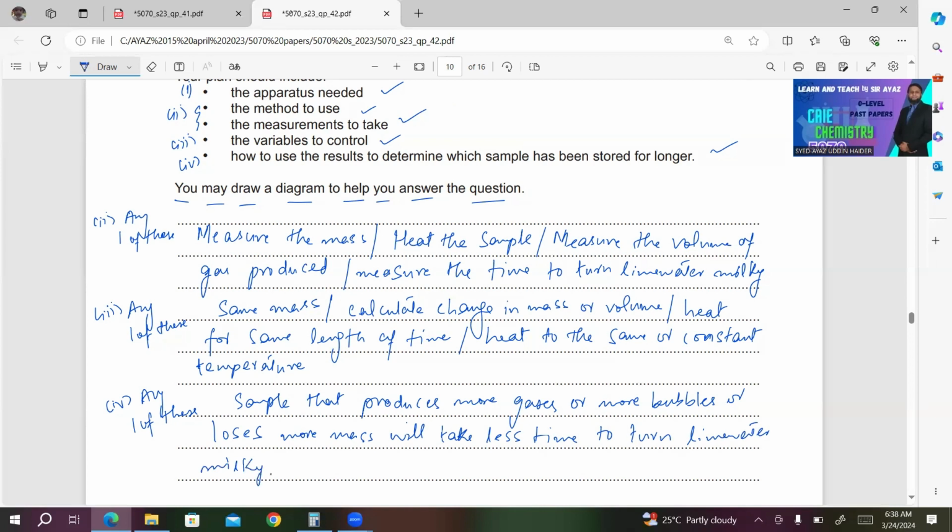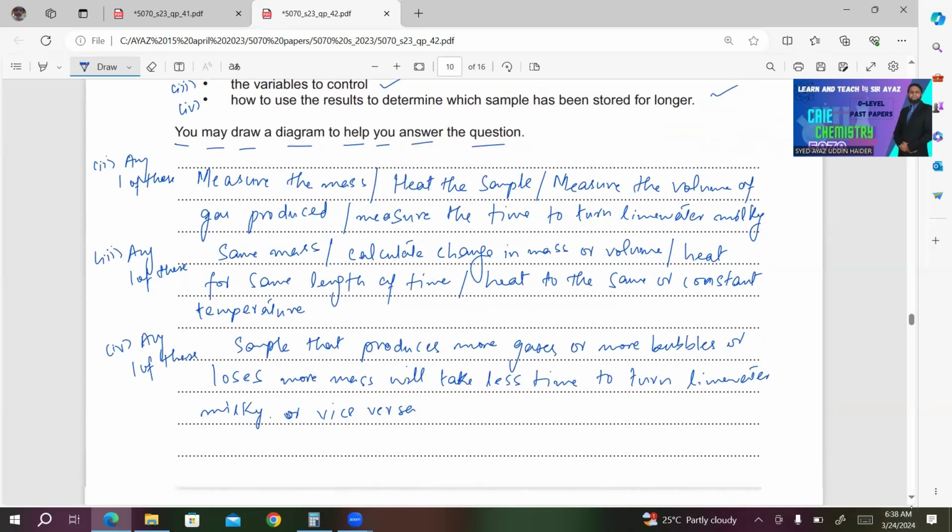Now the opposite statement will be true for the sample that produces fewer bubbles or loses less mass: it will take more time to turn lime water milky.